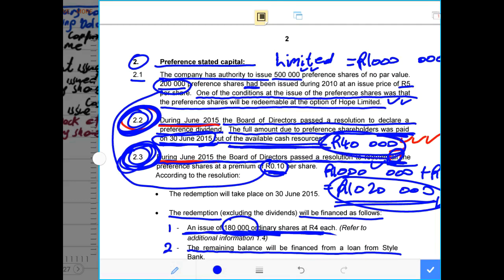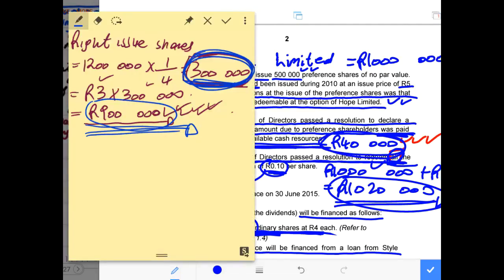Remember, out of the million capital, times the percentage, because preference dividends are calculated from the capital using a percentage. And this gives us 80,000 rands, which is the preference dividends per annum.